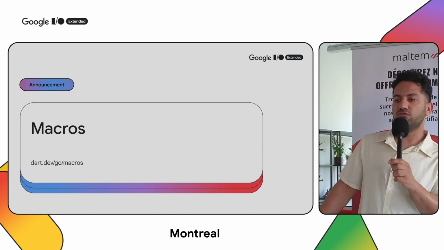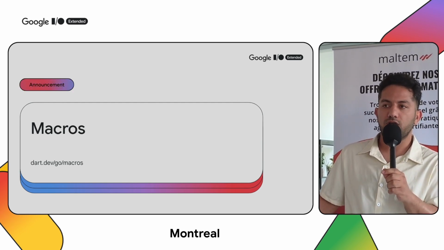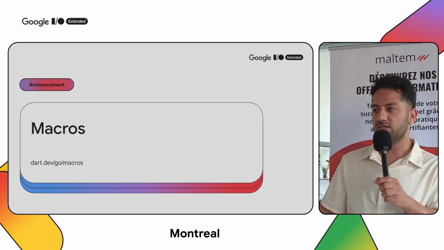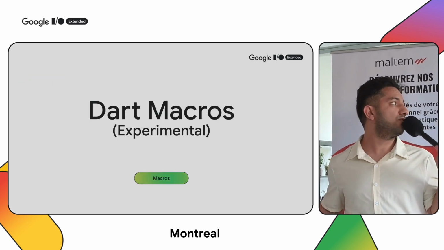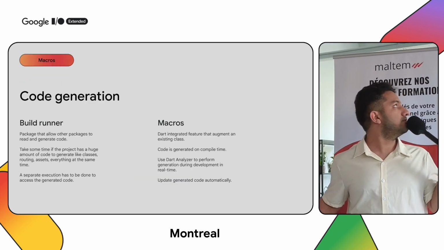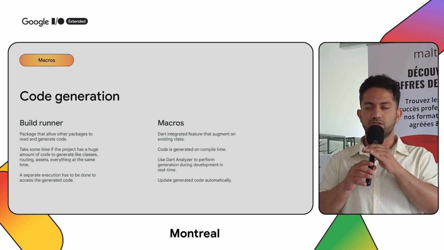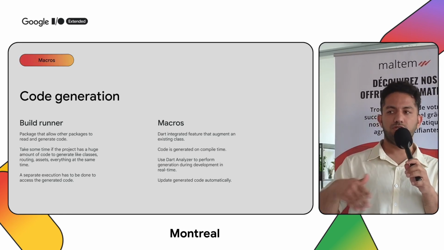Another feature that has been added to the stable is macros. Macros is a solution for code generation. Like we always do the modeling in our programming language, in Android or Flutter. Right now we can use macros for Dart, and we don't need to use build runner. Build runner is a code generation, but you have to run a command to generate your code.